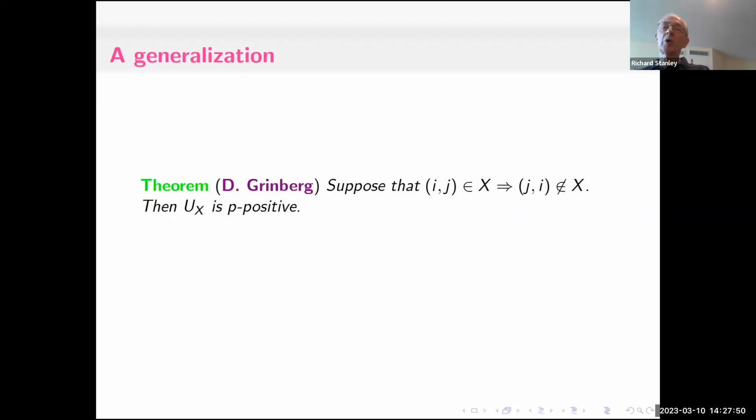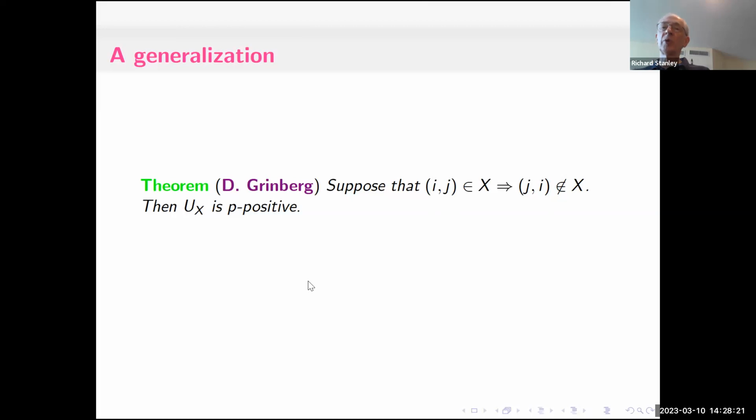Well, Gary Grinberg, who was my collaborator on much of this work, and also did a lot of nice independent work, which I will be mentioning, proved a more general result: that whenever you have ij in X and ji is not in X, then UX is p-positive. And my previous theorem was only for when ij in X implies i is greater than j.